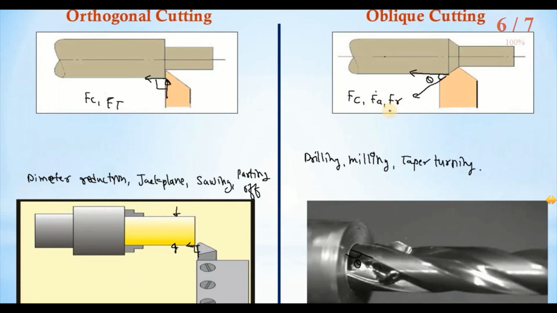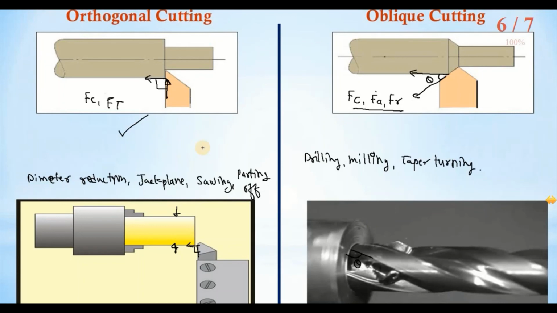As we have seen, the chip flow is getting here in orthogonal cutting. The width of the chip can be seen easily in orthogonal cutting. The analysis is very easy for this orthogonal cutting. But in oblique cutting, the chip width is not seen exactly, so the analysis is very difficult in oblique cutting.